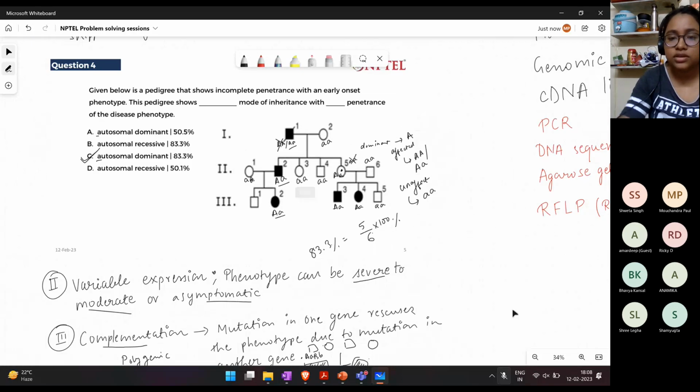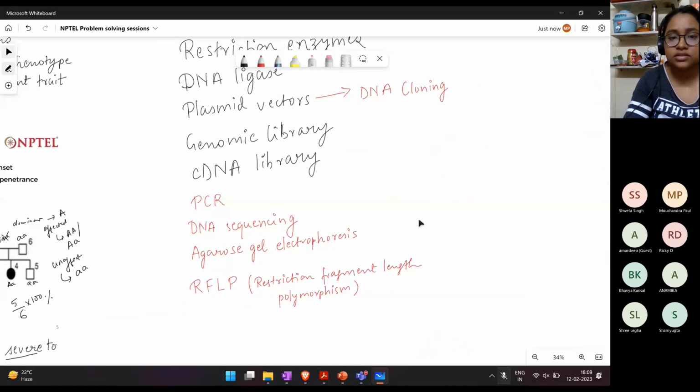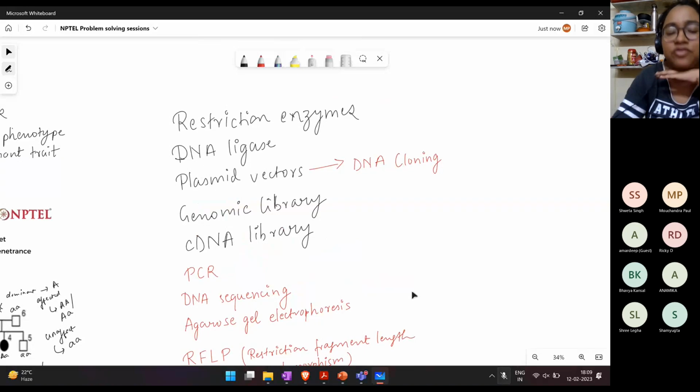So the next, I'll now briefly explain these terms. If any of you are from a biotech background, you would be very familiar with what these terms mean.